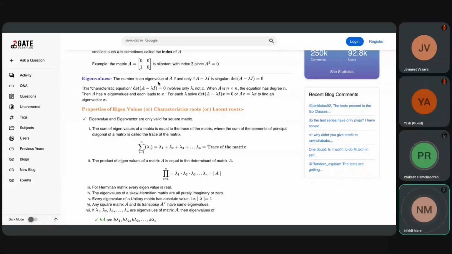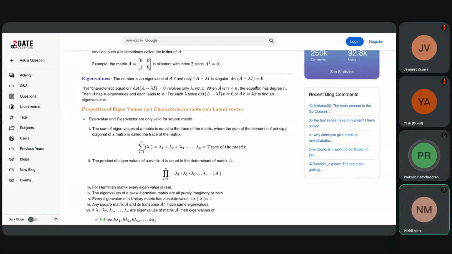Where we have any matrix A, then A minus lambda I, where I is the identity matrix, so the identity matrix where all the diagonal elements are 1 and all other elements are 0. Then the eigenvalue lambda is such that the determinant of A minus lambda I will always be 0.